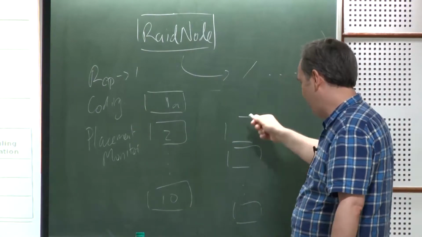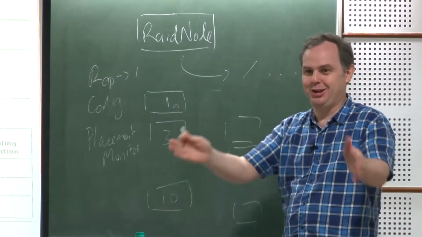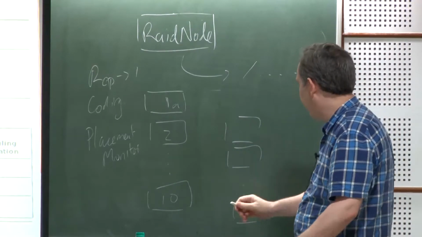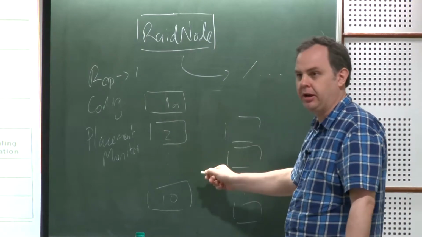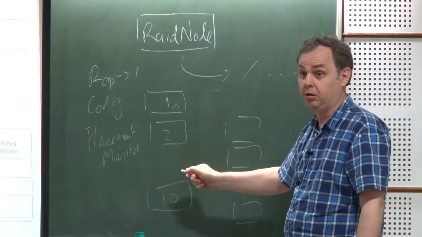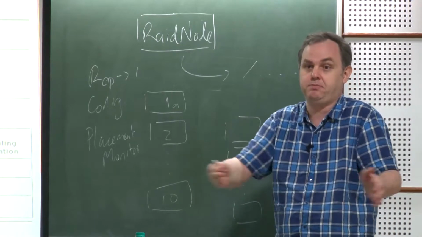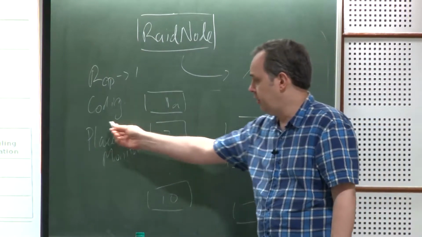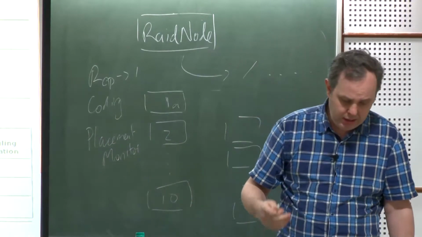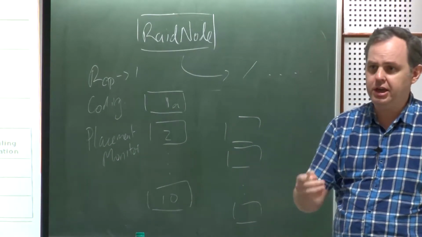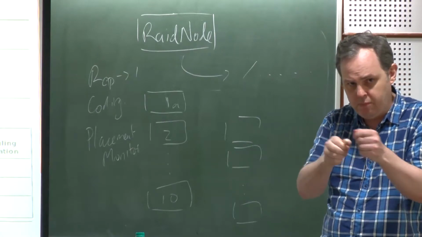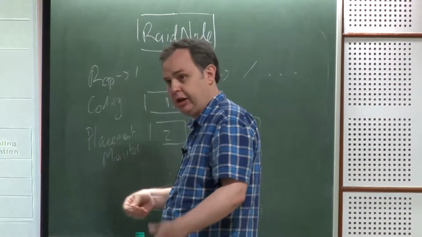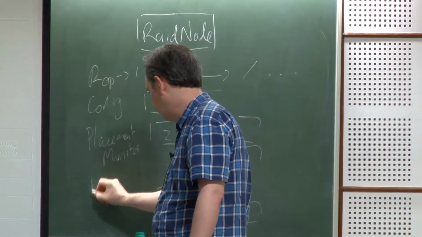What you don't want is too many blocks sitting on the one data node, because if the data node fails, you end up losing too many blocks all at once of the one file. So you need to spread them out so that you get the reliability. The placement monitor is regularly running and checking this histogram and moving blocks around. There's a block movement function inside Hadoop. It's called a block mover.